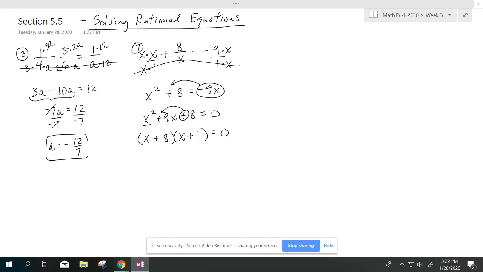Do you see what those numbers have to do? They have to multiply to make this guy, and whatever this sign says to make this guy. Multiply to make 8, add to make 9. Got it? And now guess what we're going to do? Now that it's factored, we're going to set each factor equal to 0.